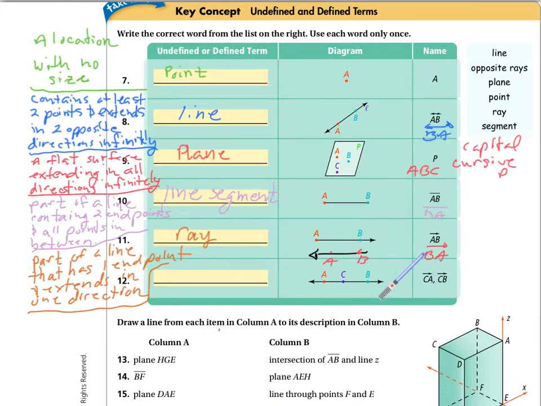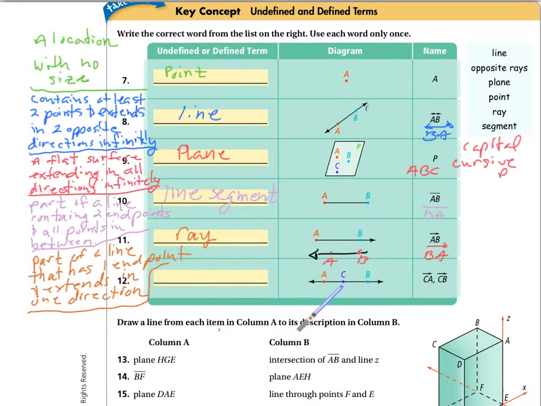But this notation is telling us that ray starts at B and goes through A, so it must be going to the left. And a ray can go in any direction in a circle, right? And so that's why you're just going to see a right-hand arrow over here. And these are two different rays. They're not the same thing. And that's going to be a question that they're going to try to trip you up with.